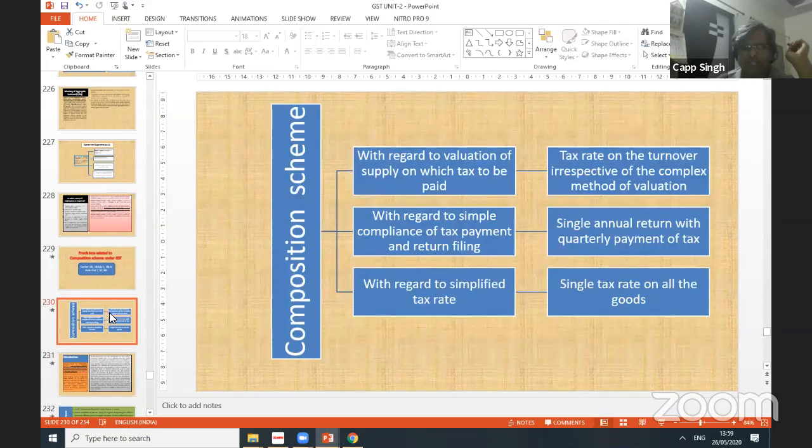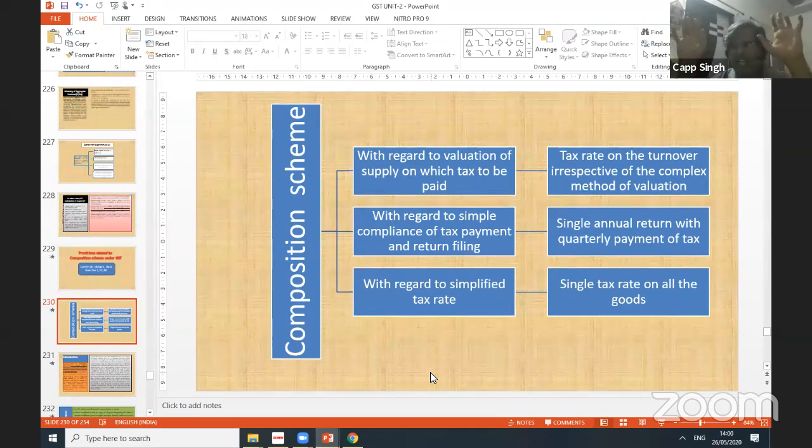Now, whenever we say composition scheme, composition in any tax law has three wings. One is the valuation of supply and tax discharge thereon. In the composition scheme, this is so simplified that they have to pay only 1% on the turnover. So 1% of the turnover is the tax, which is the simplest one.